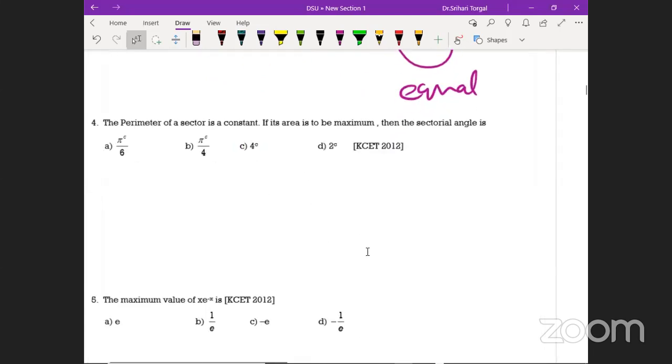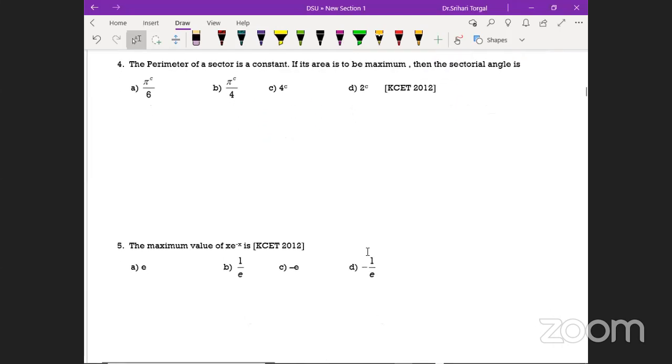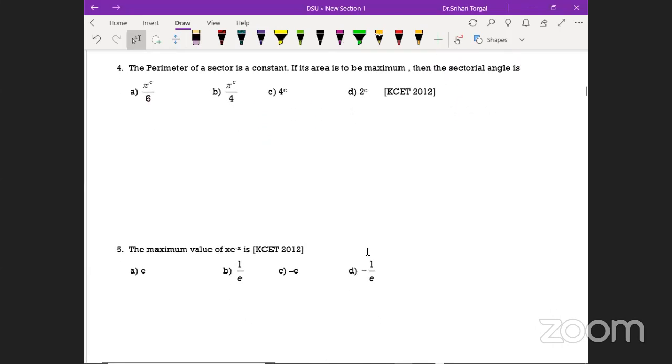Next. Very important problem. In JEE Mains also we had around 2 to 3 times a similar kind of problem. Try to answer this now. The perimeter of a sector is constant.